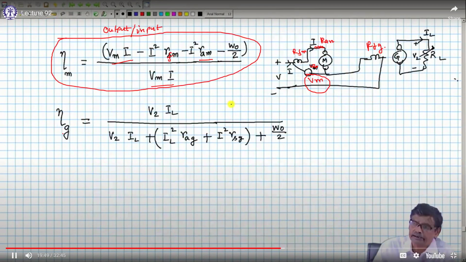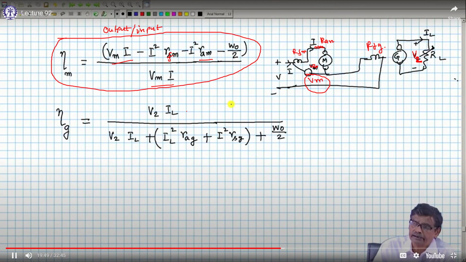Similarly, for calculating the efficiency of the generator, the voltage across this generator is, let us suppose, V2. V2 is the generator voltage which is being developed. So V2 into IL is the output.